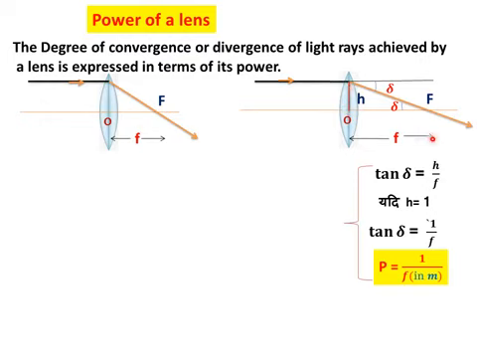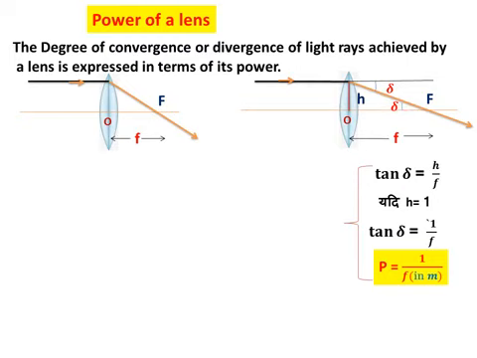If we take h is equal to 1, we get tan delta is equal to 1 upon f, and we can say tan delta is equal to P, so P is equal to 1 upon f in meter. The power of a lens is defined as the tangent of the angle by which it converges or diverges a beam of light falling on the unit distance from the optical center.